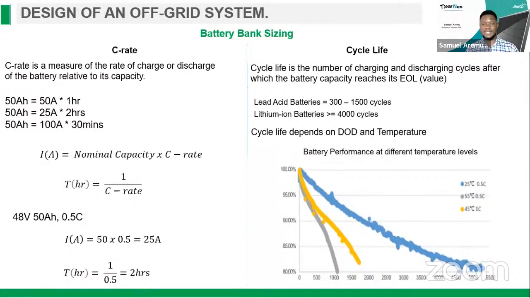Like I said, a cycle is only one full discharge and one full charge. So let's say in a day you have one full cycle, and you have a lead-acid battery that has a cycle life of 365 cycles.